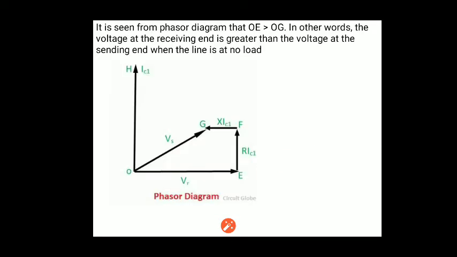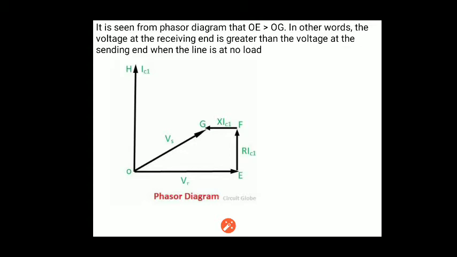Next, the phasor diagram is as shown in the diagram. Let OE be greater than OG. In other words, the voltage at the receiving end is greater than the voltage at the sending end when the line is at no load condition.